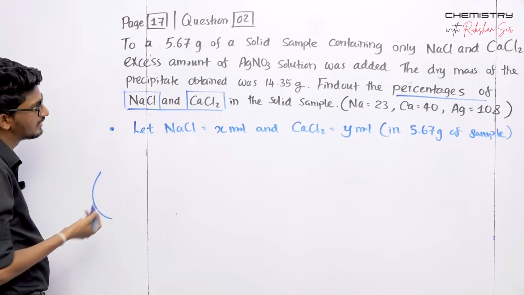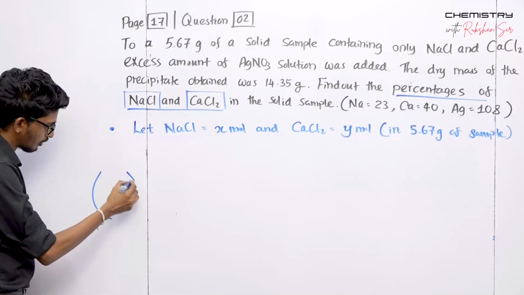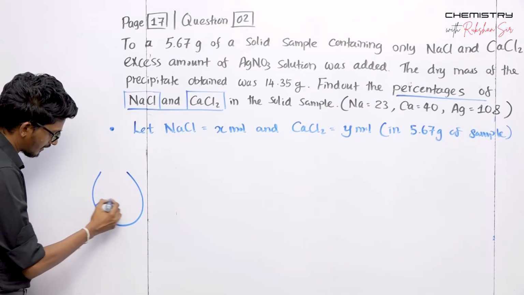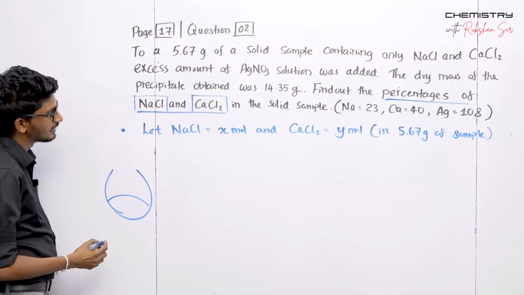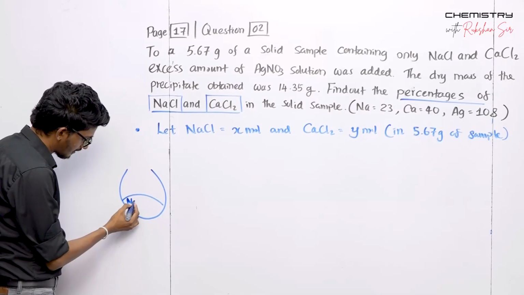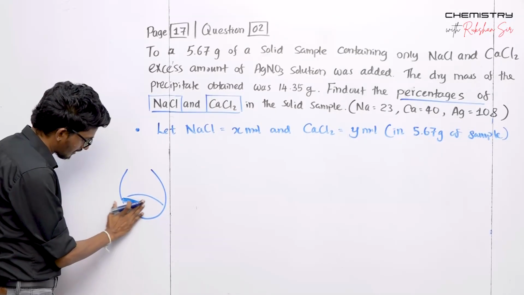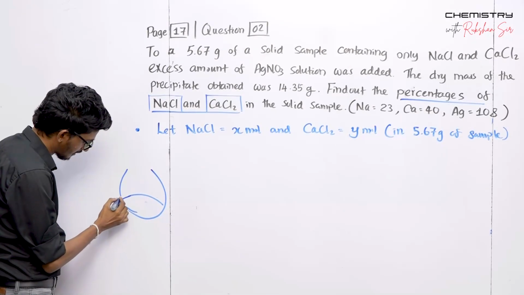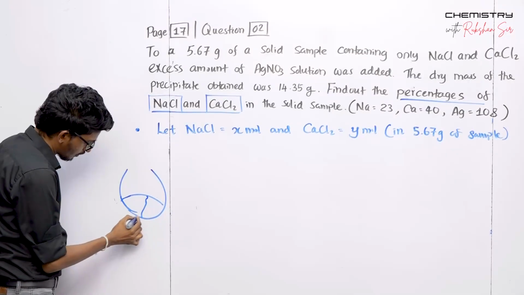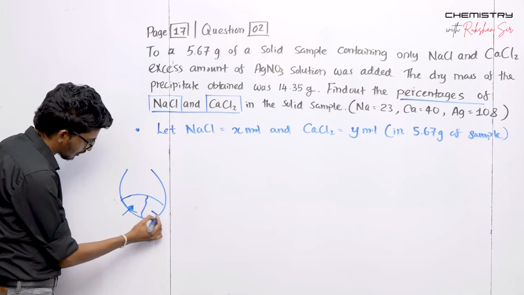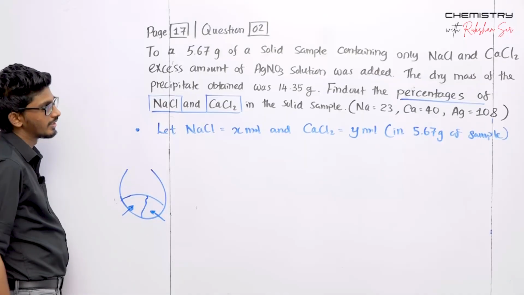Excess amount of AgNO3 solution was added. So it's like this, no? You had a solid sample containing sodium chloride and calcium chloride.